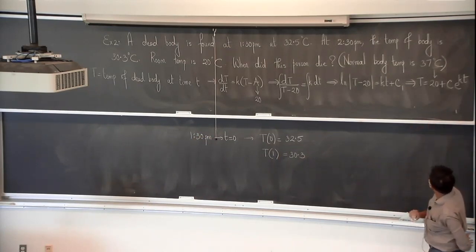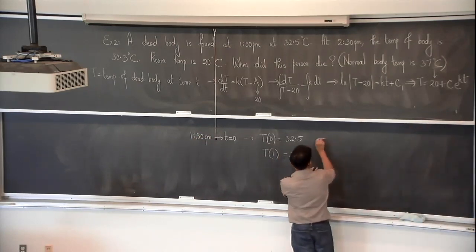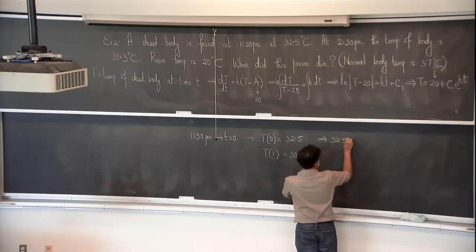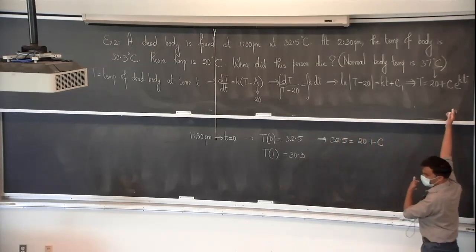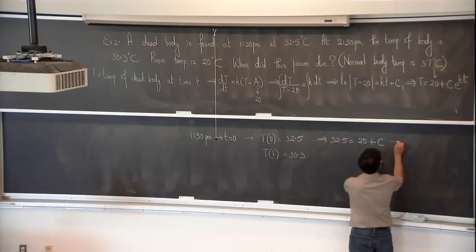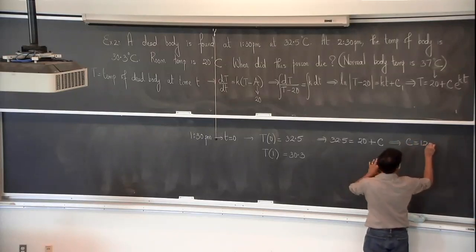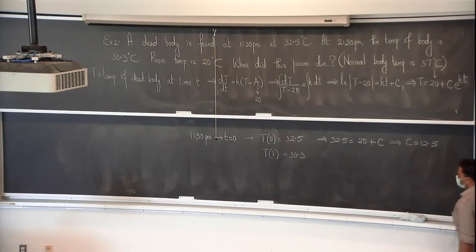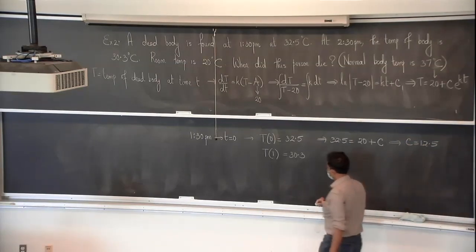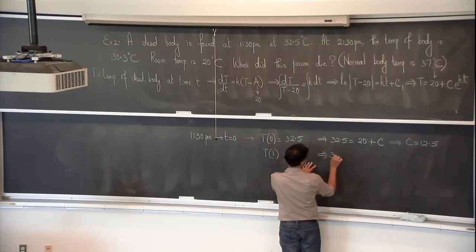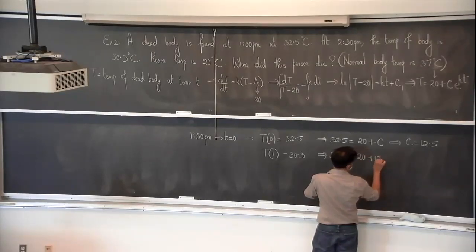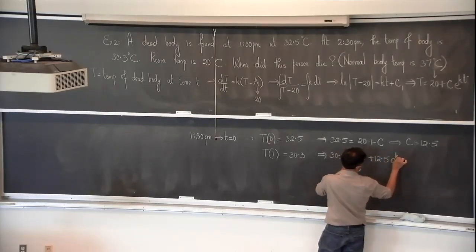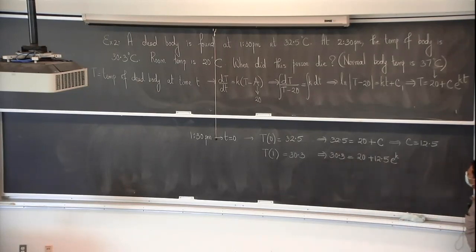So if you plug it in there, T of 0 should give you 32.5 equal to 20 plus C times e to the power of 0, which is 1. Okay, so C is 12.5. And if you plug in t equal to 1, you get 30.3 equal to 20 plus 12.5 e to the power of k, t is 1. Okay. Do your regular pre-calculus there.